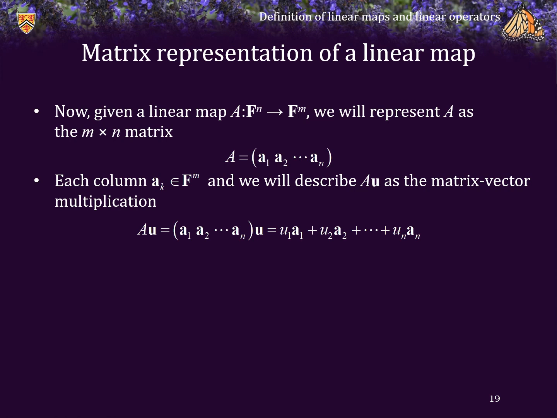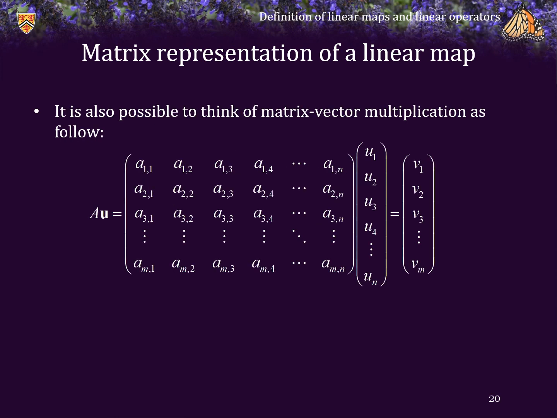Now, one way to look at this is, of course, the way we've already done so. We can consider A times u as the linear combination of the first entry of u times the first column of A plus the second entry of u times the second column of A, and so on and so forth. Now, it's also possible to think of matrix vector multiplication as follows.